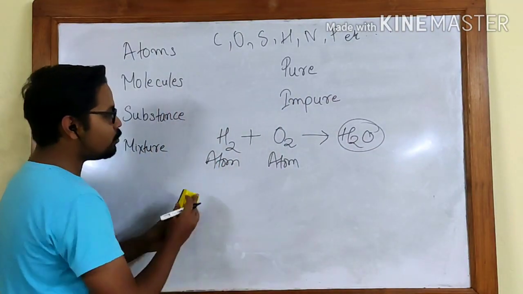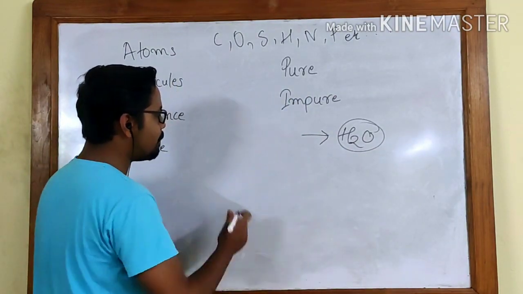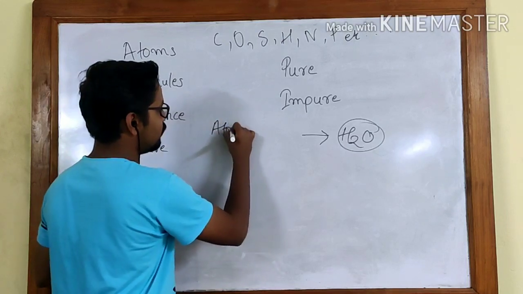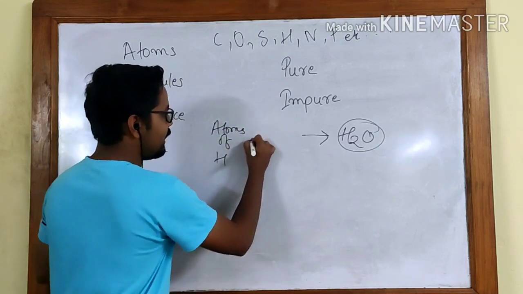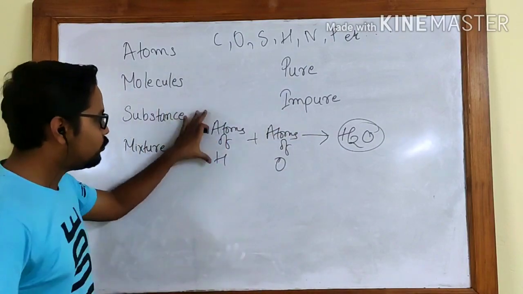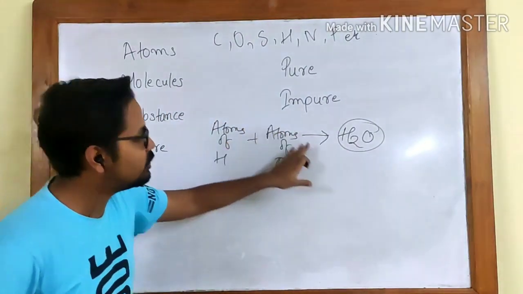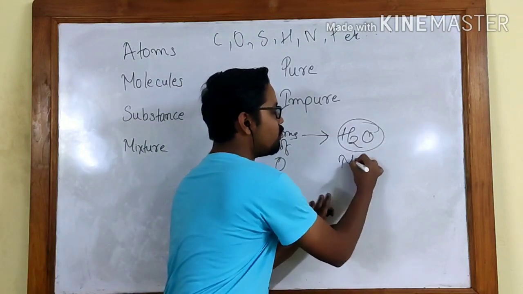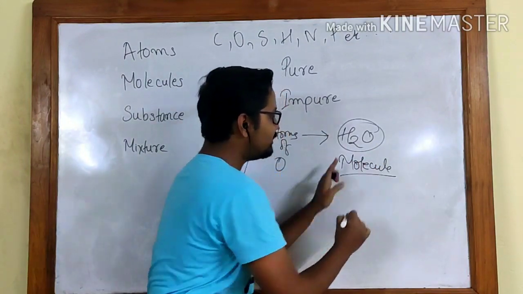But what I am trying to imply here is that if I combine atoms of hydrogen and atoms of oxygen, the atoms of these two are going to form a molecule of water. This is a molecule.